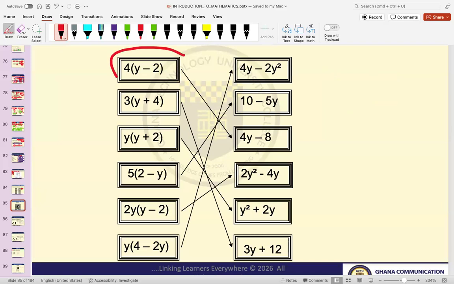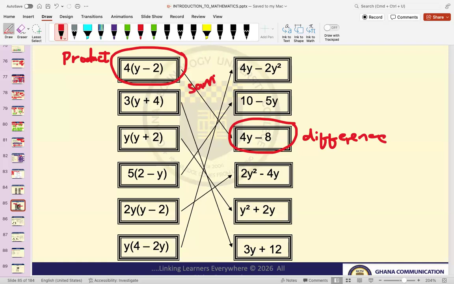Now, I'm saying this 4 into bracket y minus 2 can be represented in this way. It is a difference. In conclusion, they are the same. Whether product or difference, they are the same.